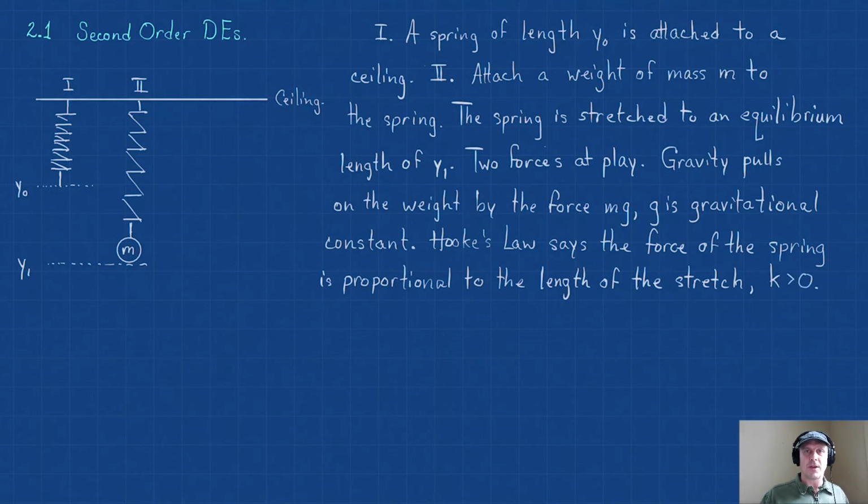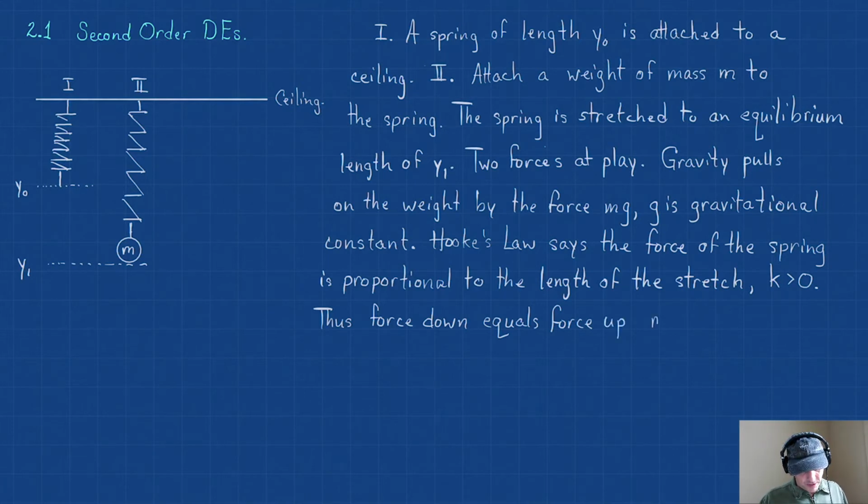Well, those two forces are equal, so this gives us this. Thus, force down equals force up. In other words, the force down, m times g, is equal to the force being pulled in the other direction, which is k times y1.